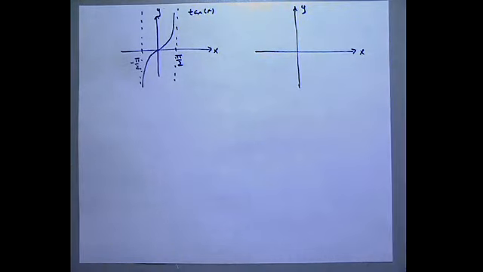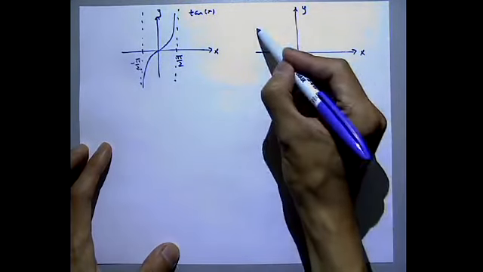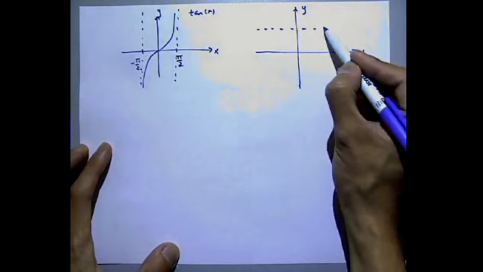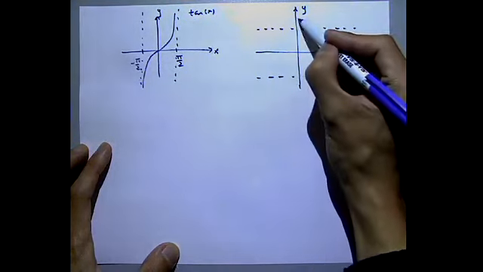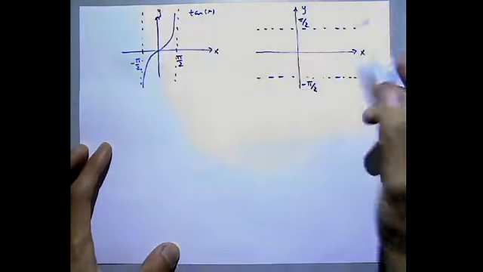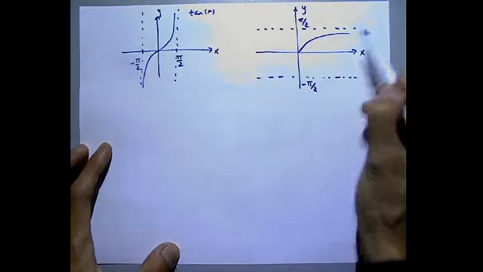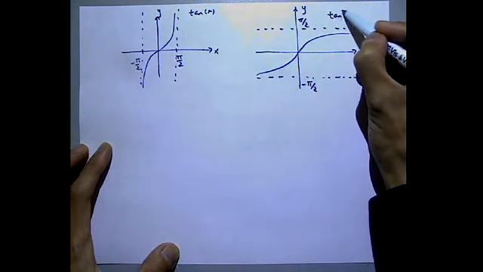And you remember how to get the graph of the inverse function if you have the original one? You do a reflection about the line y equals x, right? So what happens then, the vertical asymptotes turn into horizontal asymptotes, pi over 2 and minus pi over 2. And this gets reflected across the line y equals x. Something like that. So this is our inverse tangent graph.